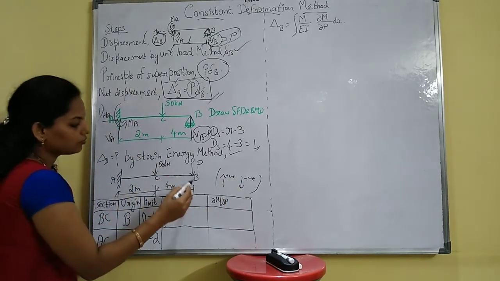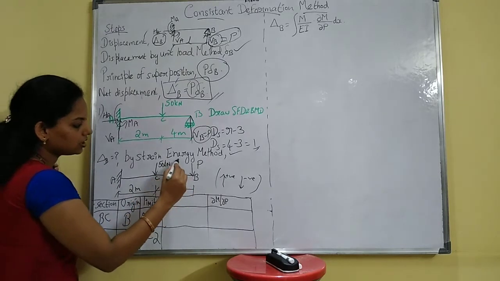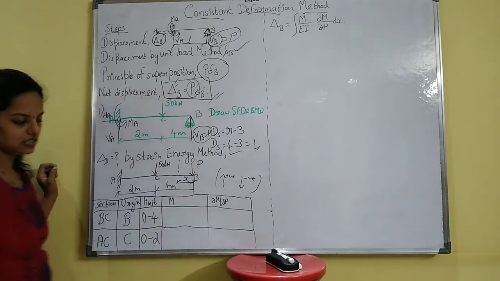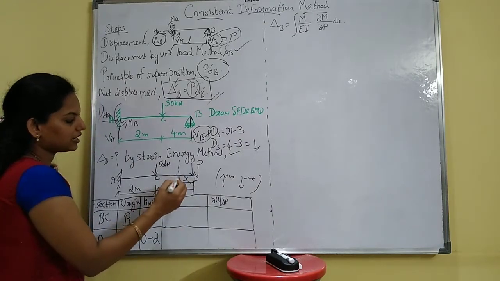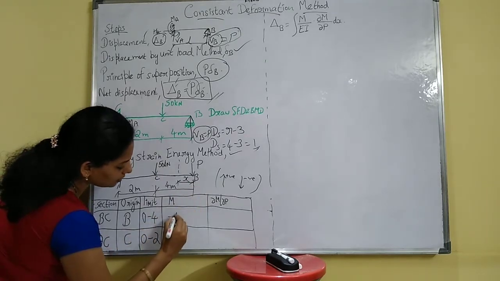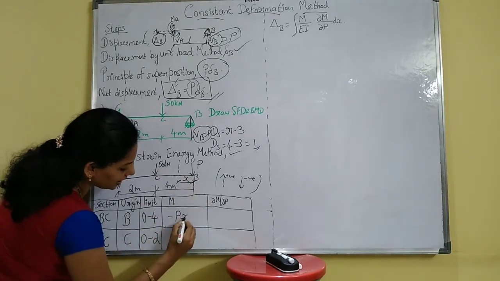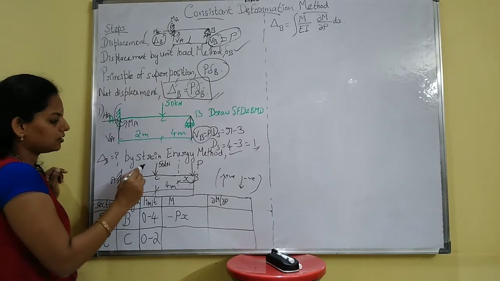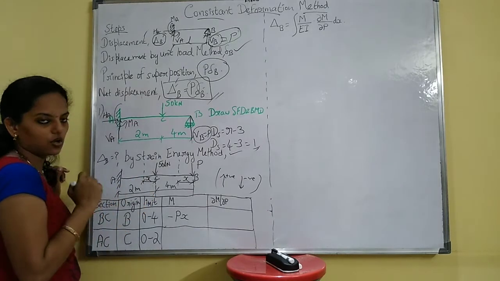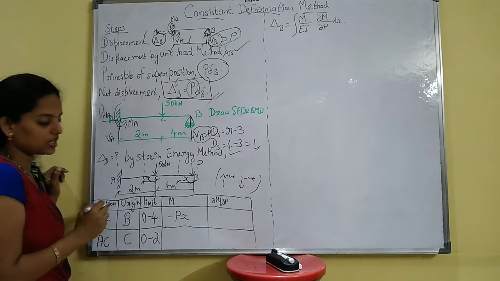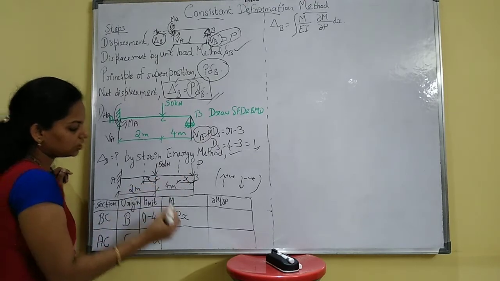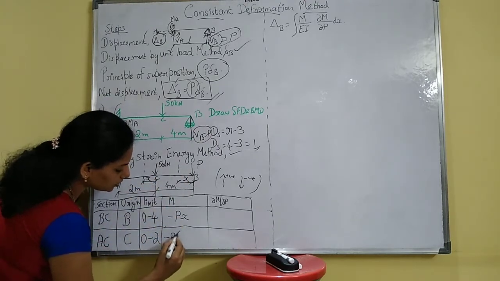So here, first at the section BC, apply the section at the distance X. Find the moment at that section. Downward is negative, so minus P into distance X. Next, for the section AC, with C as origin, draw nearer to C. So this is your X. Minus P into what is the distance?